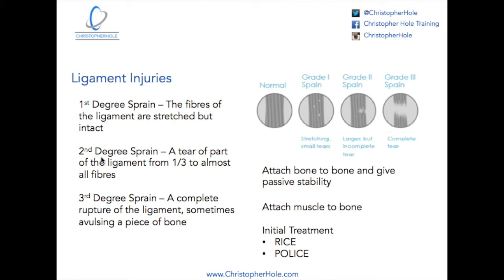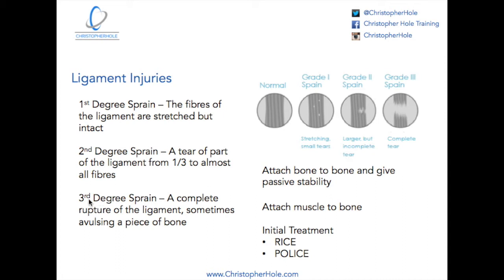Then you've got second degree, which is a tear of part of the ligament from 1/3 to almost all. Again, larger but incomplete tear. Again, much the same as the tendons and much the same as the muscles as they become injured.